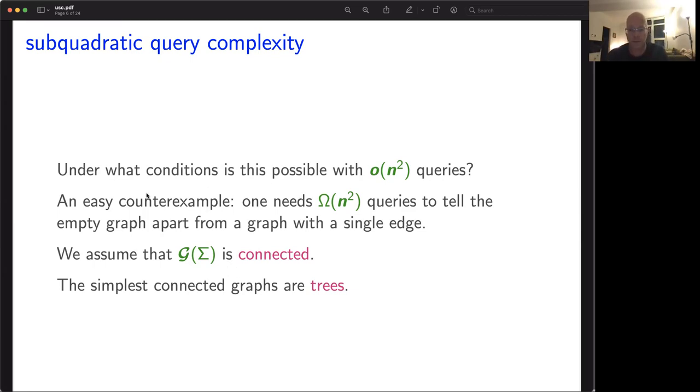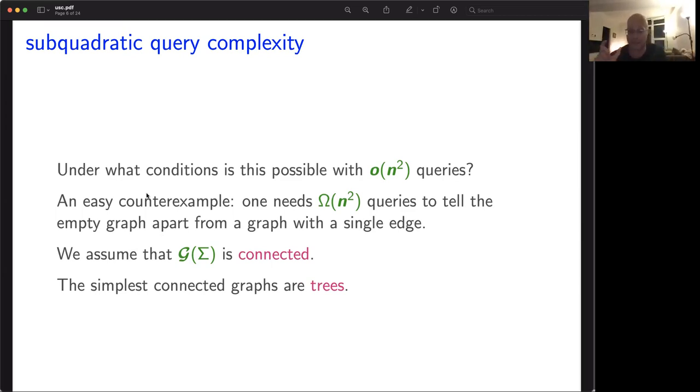Now here's an easy counterexample. Suppose that all the variables are independent, except maybe two of them that are dependent. That means the graph consists of just one edge. Clearly, in this case, if we ask queries, the oracle will just give us 0, 0, 0.